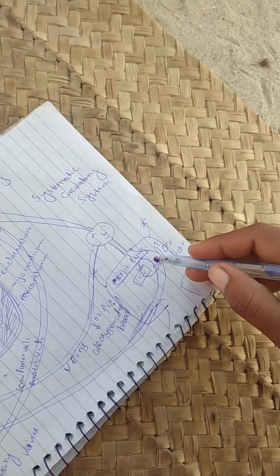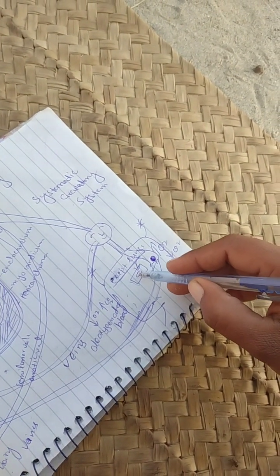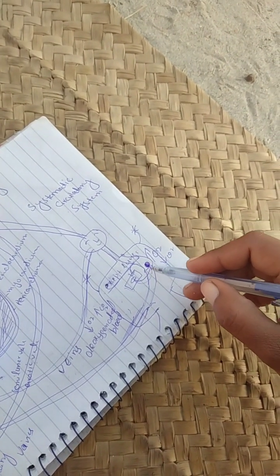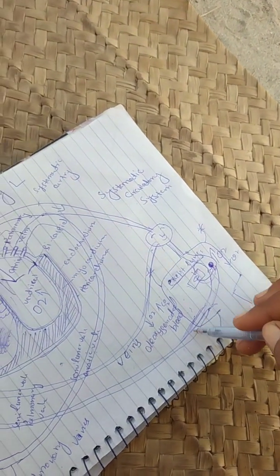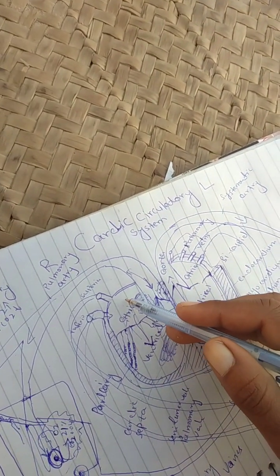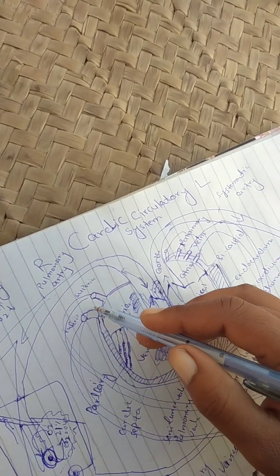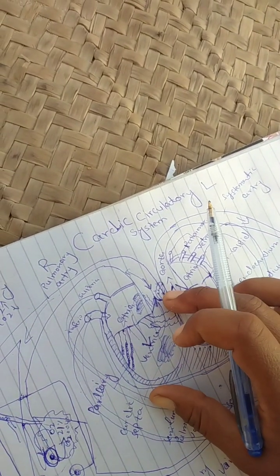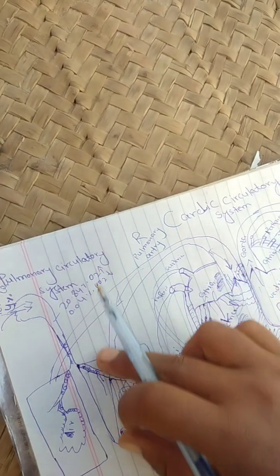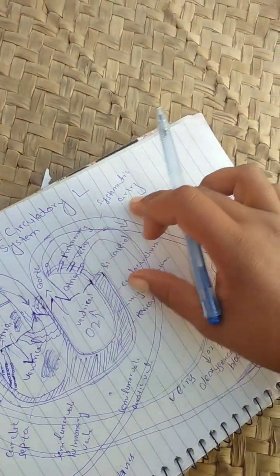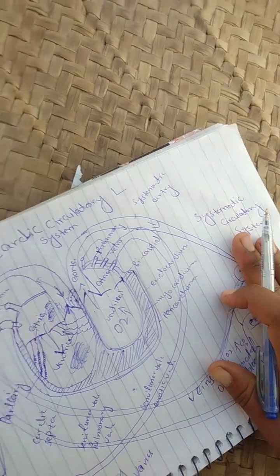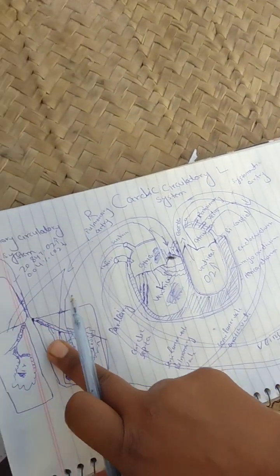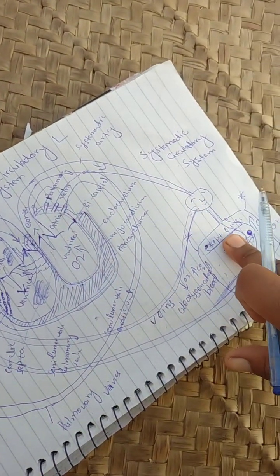Oxygen moves from higher to lower concentration and carbon dioxide moves from higher to lower concentration, so blood becomes deoxygenated again and enters the right atrium through the superior and inferior vena cava. From the right part of the heart blood enters the lungs, and from the left part blood enters the body. The left part of the heart is called the body pump and the right part is called the lung pump. This is the circulatory system: pulmonary circulation, cardiac circulation, and systemic circulation.